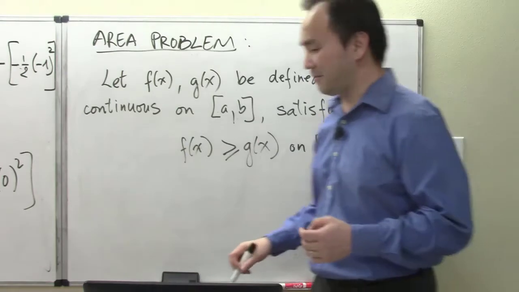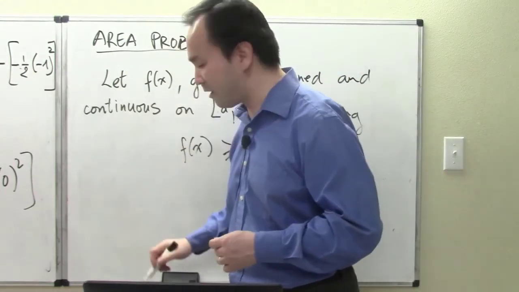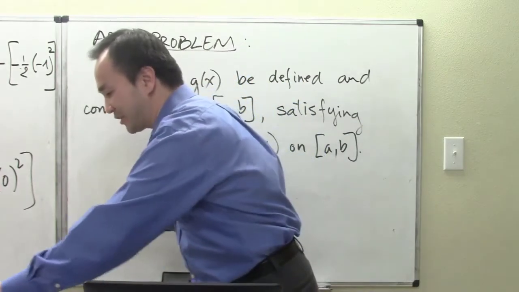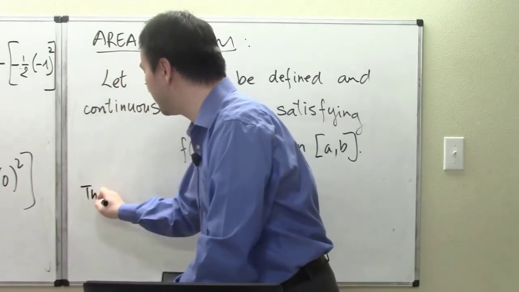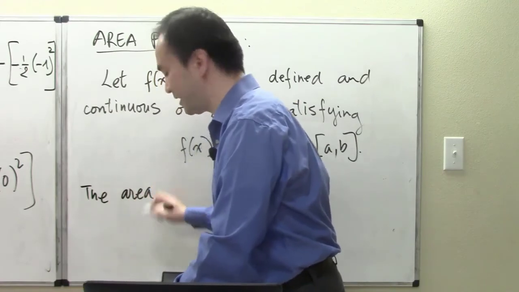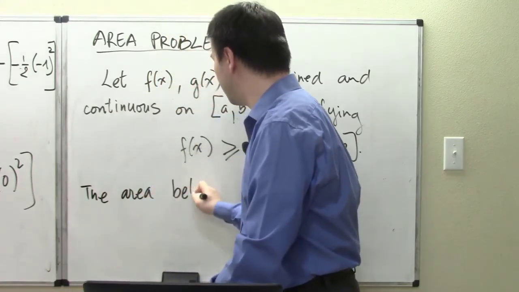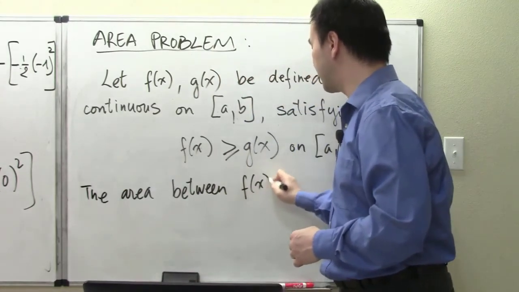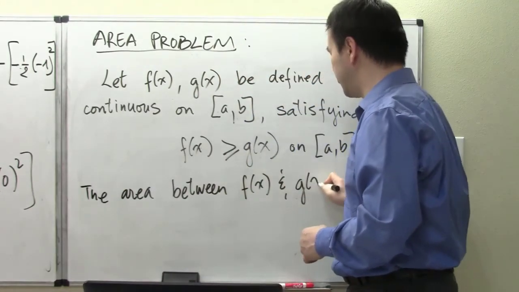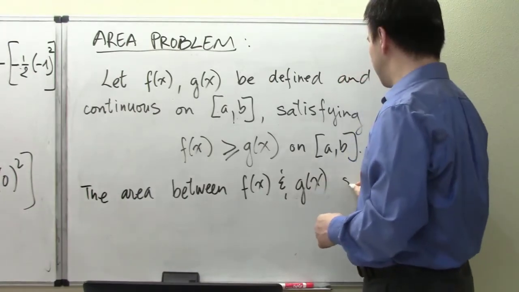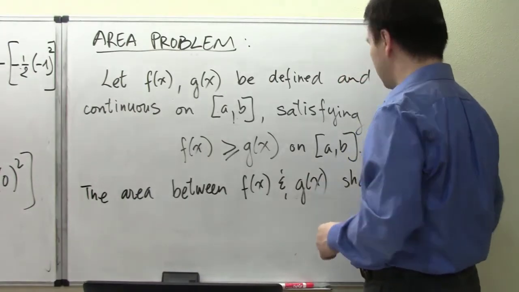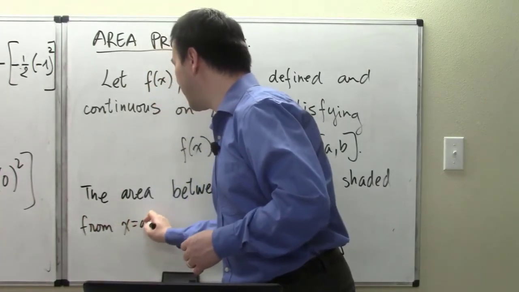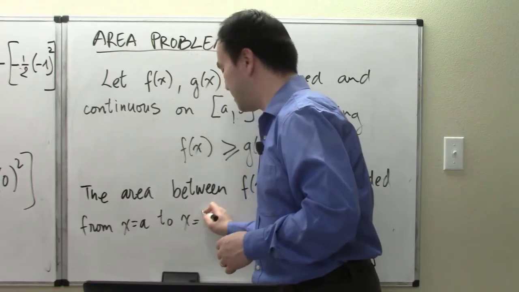Okay, and so once we've had all those requirements checked, we're going to have the following result, and it was well proven. Then the area between the two curves f of x and g of x, shaded from x equals a to x equals b.